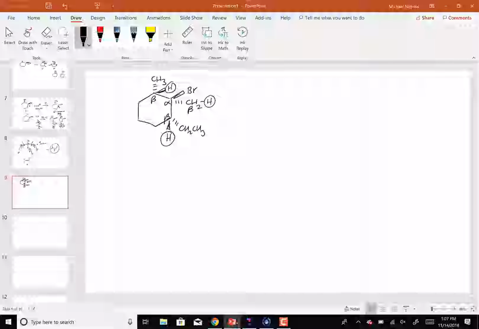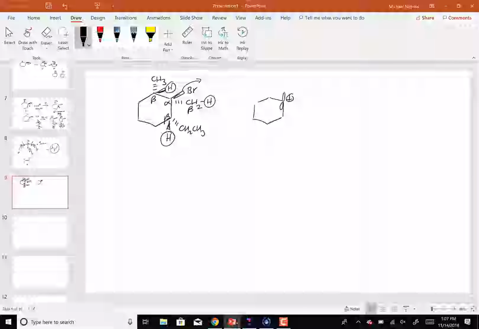Because once the bromine leaves and we form a carbocation, it's going to have an empty lobe above and below. So all the hydrogen has to do is become parallel to one of those lobes. There's no restriction on the hydrogen having to be trans. The cis or the trans hydrogen can be lost in E1. So that means that all 3 hydrogens can now be removed.